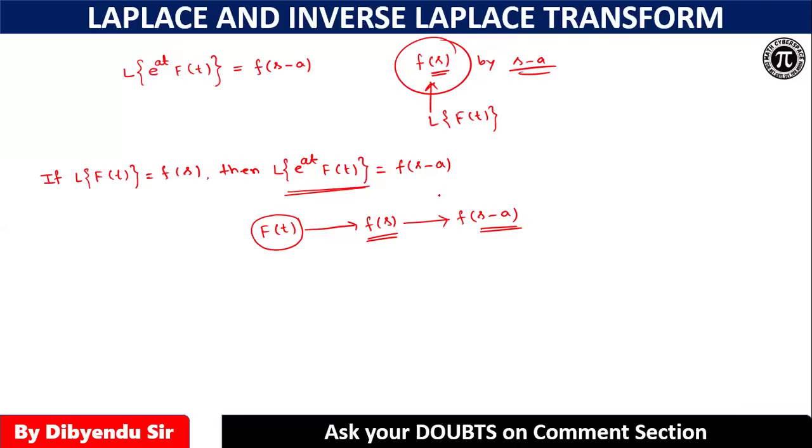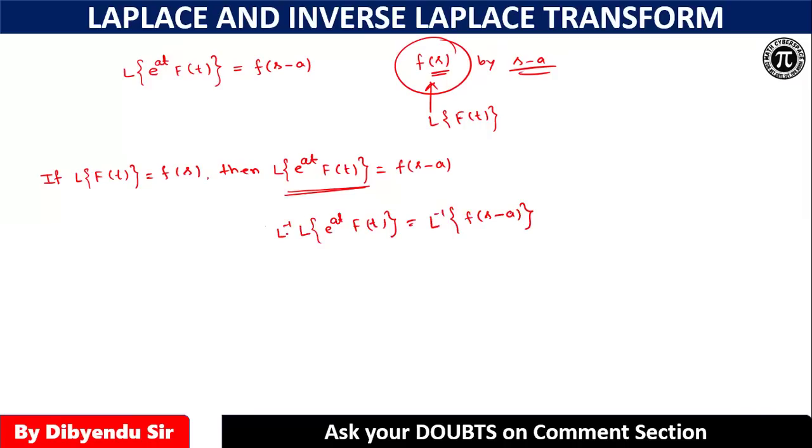Let's try an example. Before that, let me tell you the first shifting property for inverse Laplace transform. Just opposite. Here the result is Laplace of e to the power at f of t equals f of s. Now if I apply Laplace inverse, Laplace inverse of f of s minus a, yes or no?